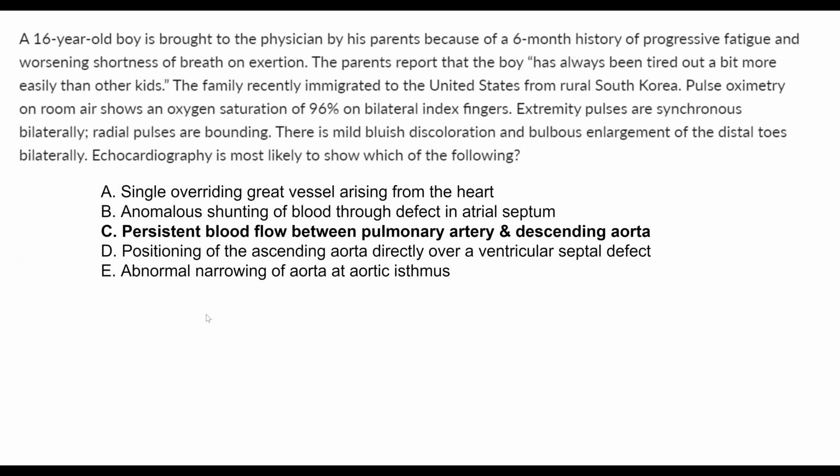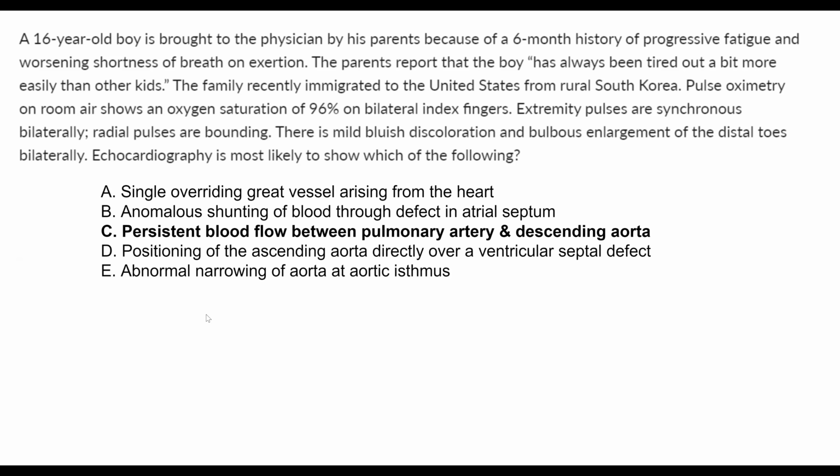Eventually, in large PDAs, if this isn't fixed or closed off, the pulmonary system becomes overwhelmed, and you could get something called Eisenmenger syndrome. Then the patient who has been fine most of their life suddenly has clubbing of the fingers and cyanosis, bluish discoloration.